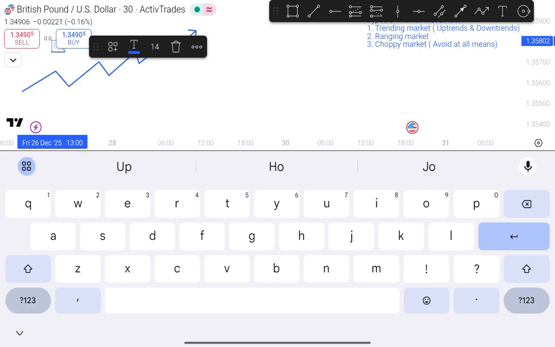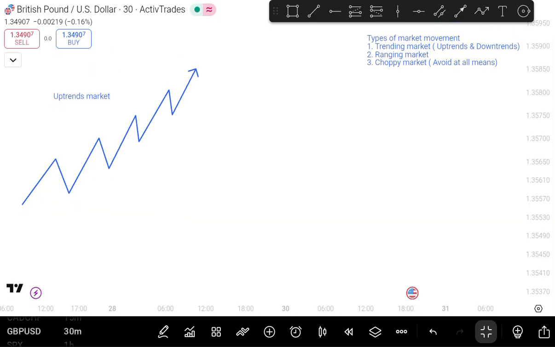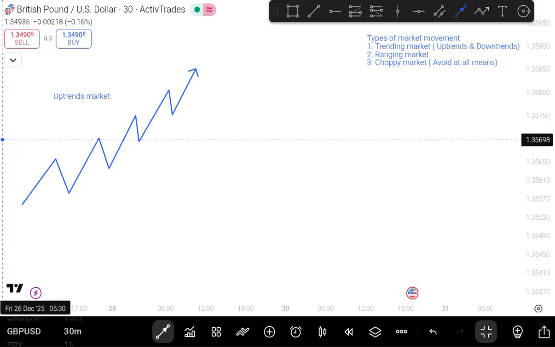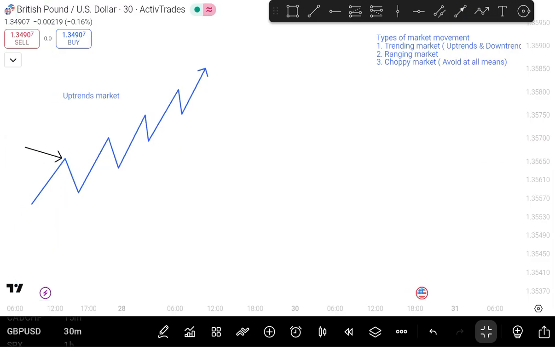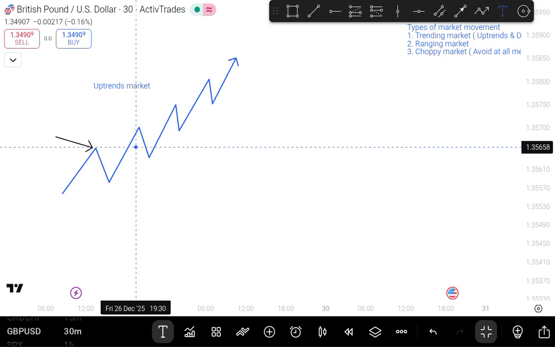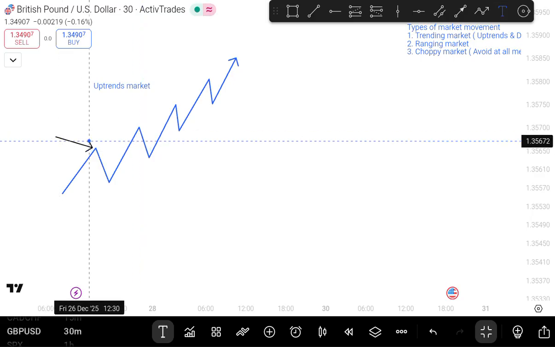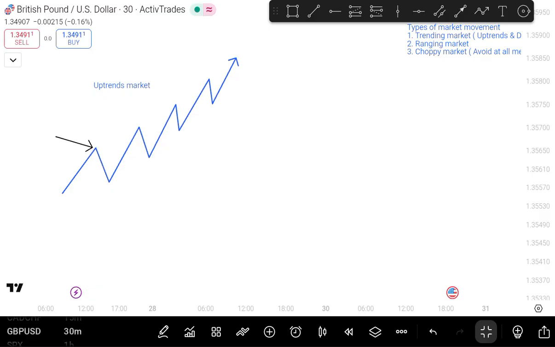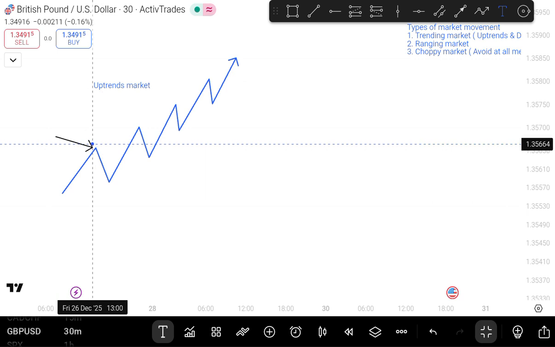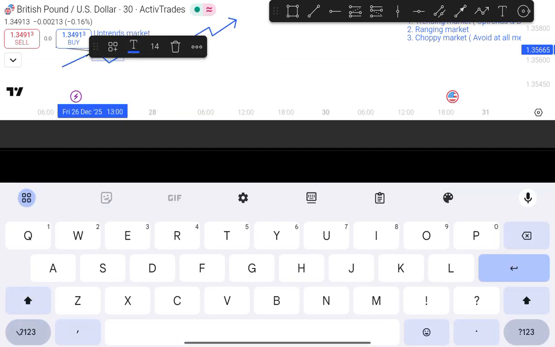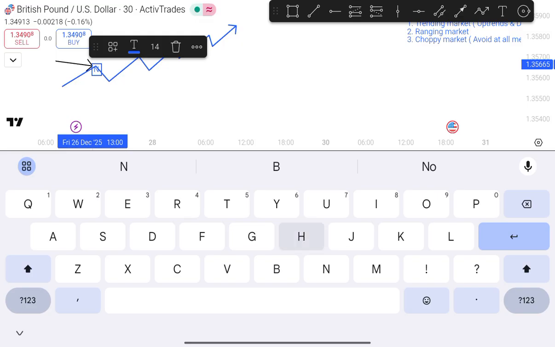An uptrend market is a market where we have the higher highs and the higher lows. You can see this point here is called the higher high of the market. This first arrow is called the higher high. We call this higher high.